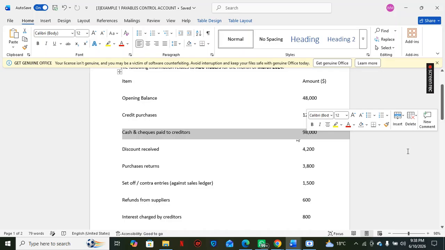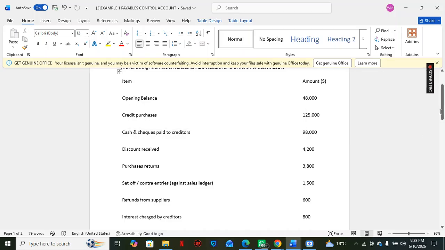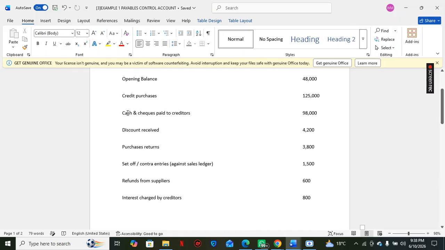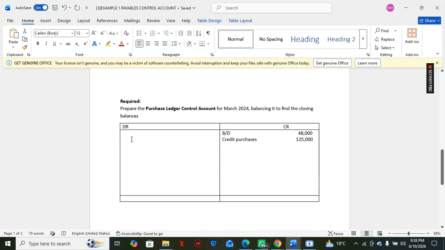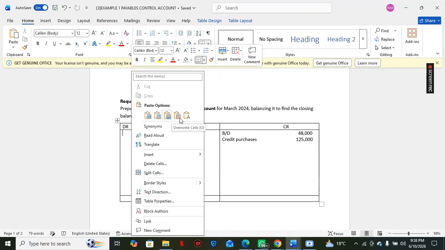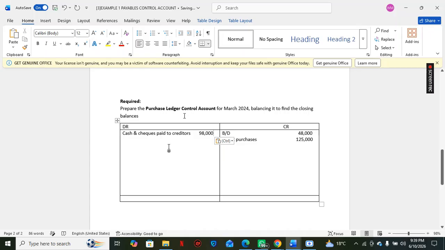So where does it go, debit side or credit side? Yes, wonderful. Cash and checks paid to creditors. So this is reducing the liability.